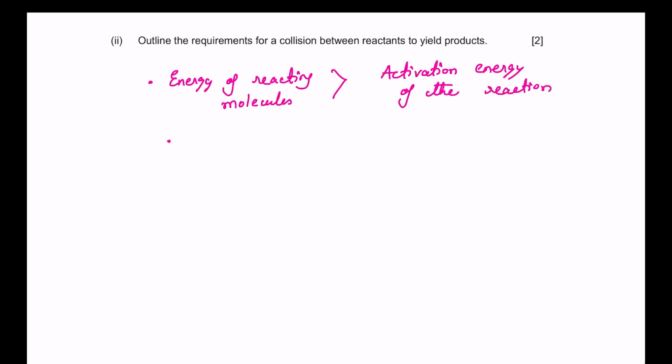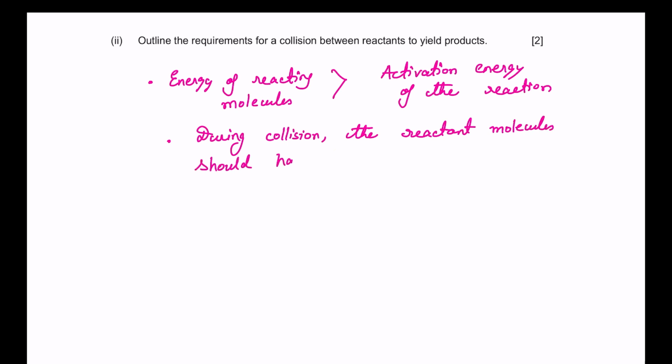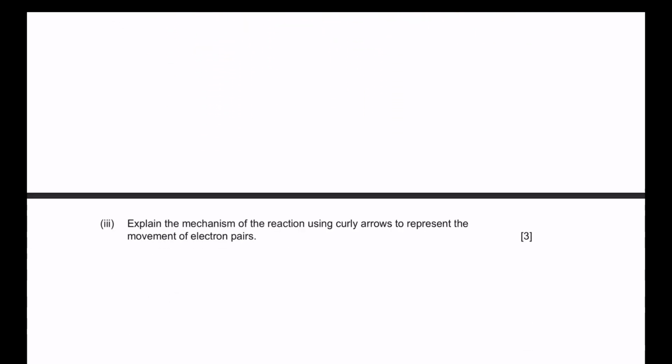Second, during collision, these reactant molecules should have a correct orientation. That's all about this part. Move on to the next part.